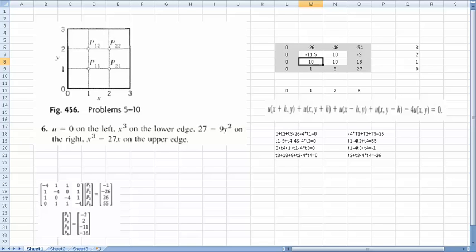Now I move to this term. This term is simply going to become the average of these terms that are around it. And that's going to be minus 46 minus 11.5 plus 10 minus 9 divided by 4 is that term. Then this term is going to be the average of its 4 neighbors, north, south, east, and west, or above, below, left, and right.